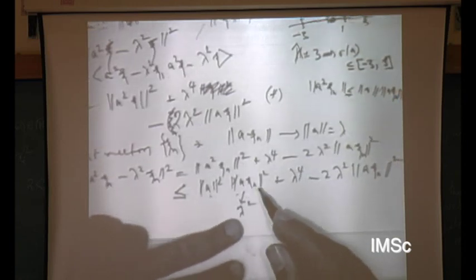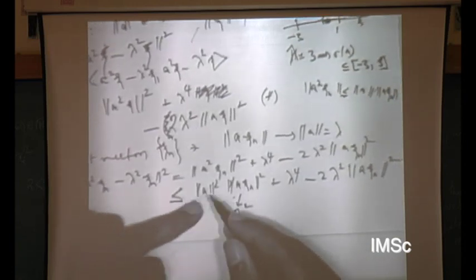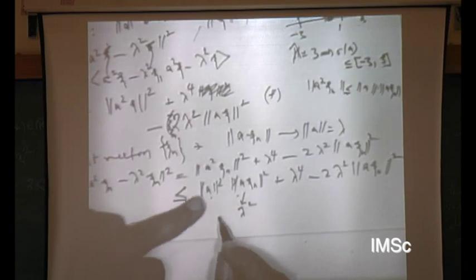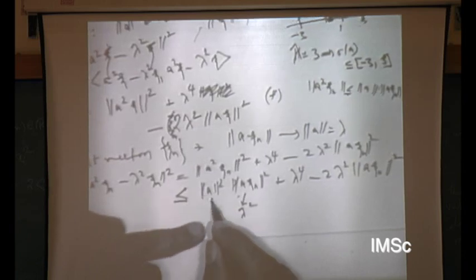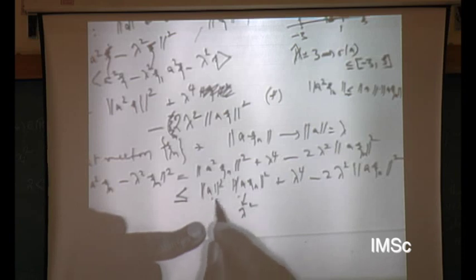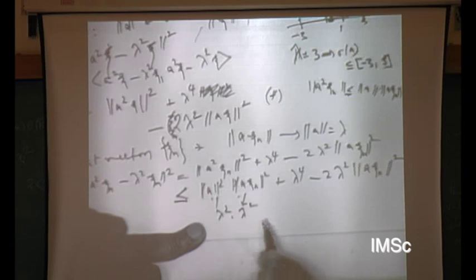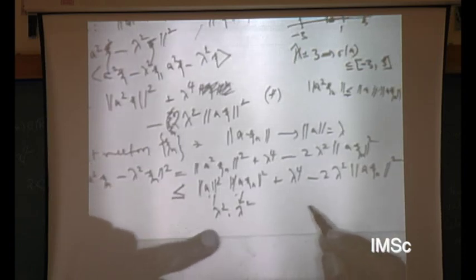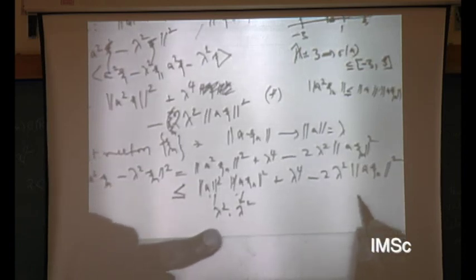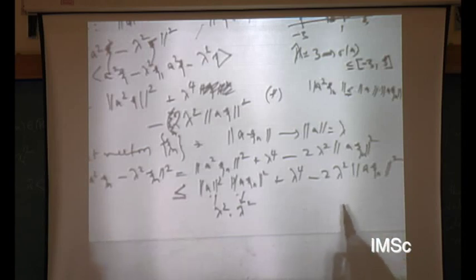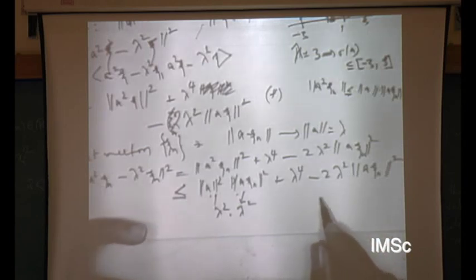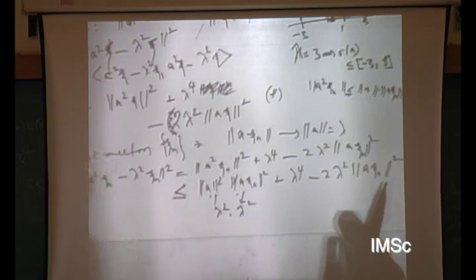So norm A psi n squared converges to lambda squared, here another lambda squared. So this gives you lambda to the 4, and this is also lambda to the 4. So lambda to the 4 plus lambda to the 4 minus twice lambda to the 4. So the right hand side goes to 0 as n goes to infinity.